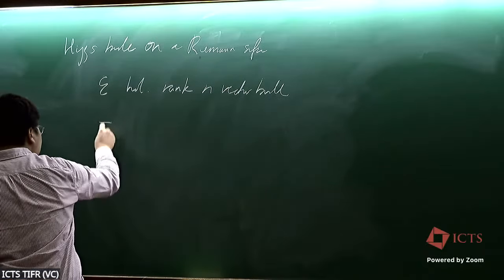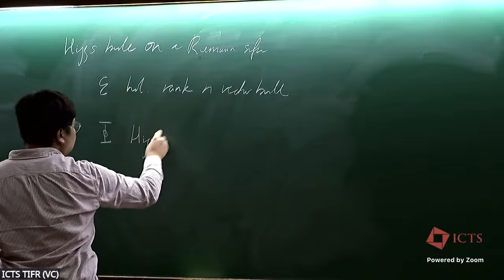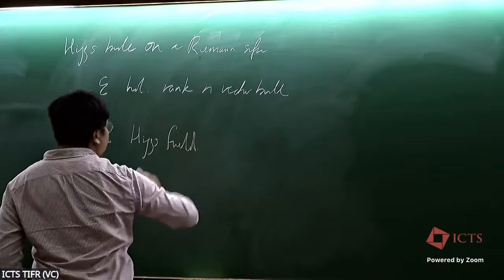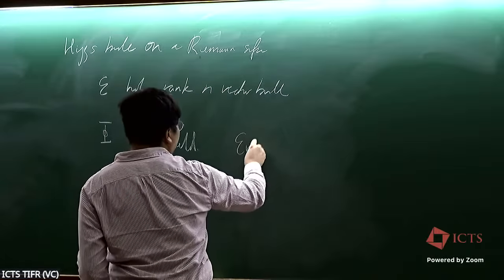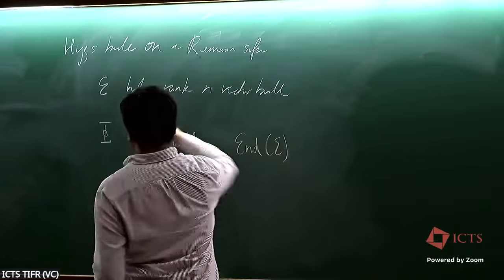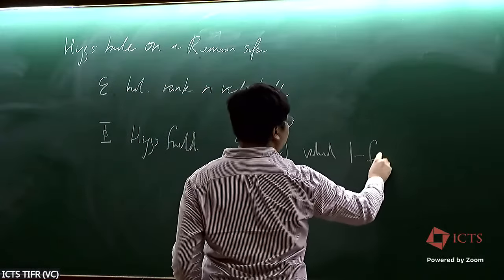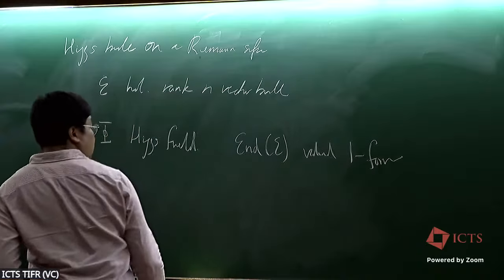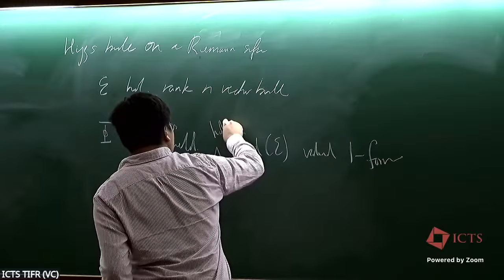And then I have a Higgs field that we kind of saw in Franz's lecture. Okay, so a Higgs field here is an endomorphism of E valued, the same E valued 1-form, and holomorphic.